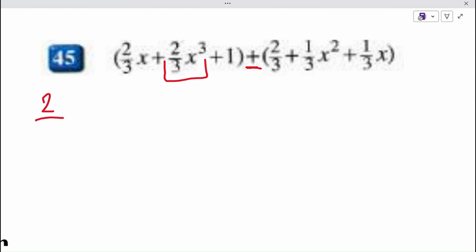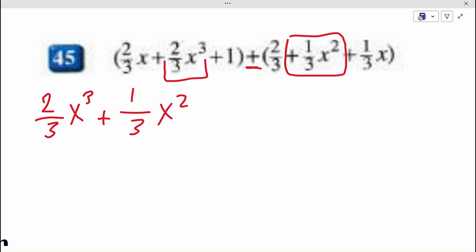2 over 3 x to the power 3. After this, what about x to the power 2? Just we have 1x to the power 2 again. So write this term here, 5 plus 1 over 3 x to the power 2.